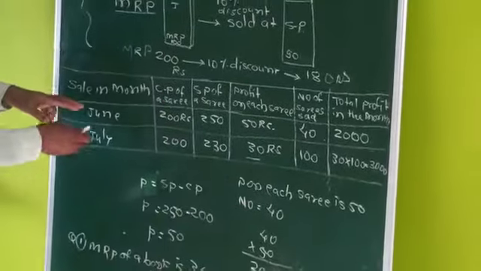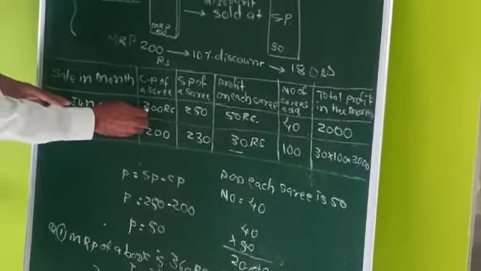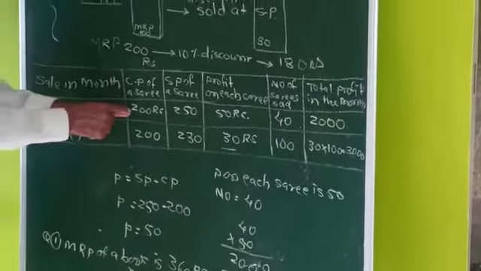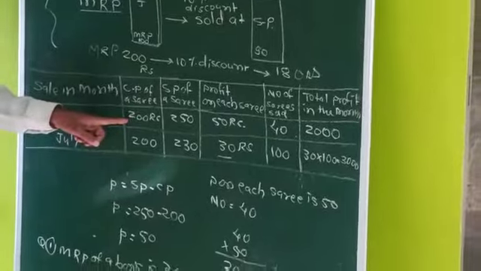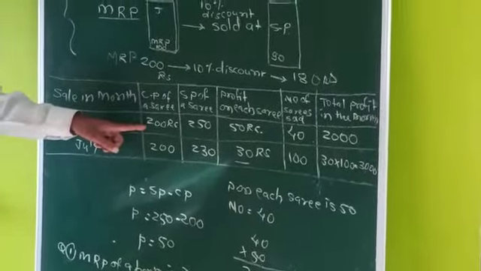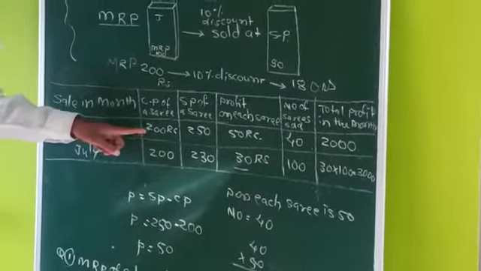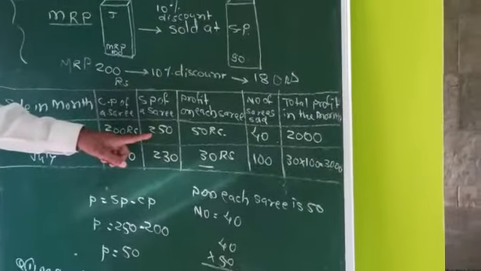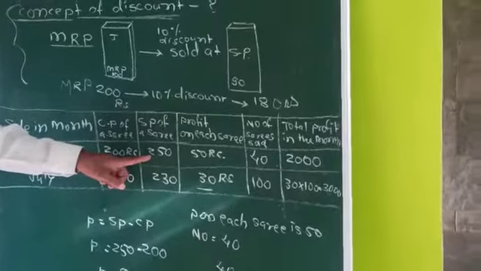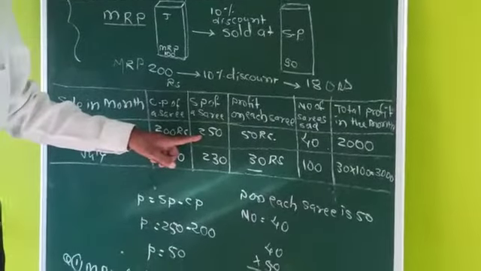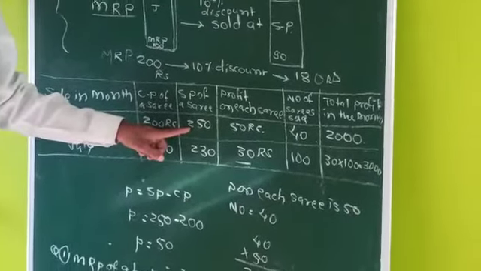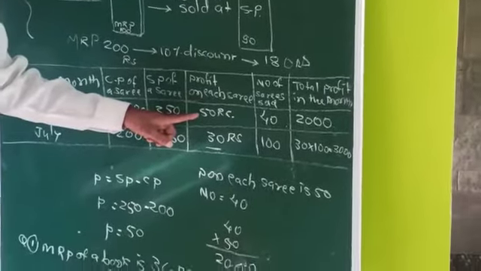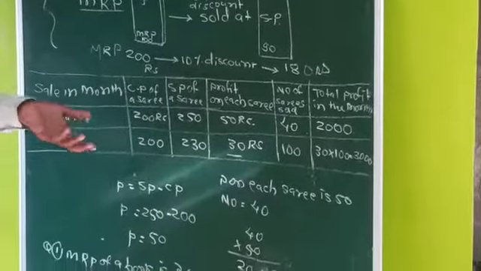So how is it to be done? Cost price of one saree is 200 rupees. But the shopkeeper sold it at what cost? 250 rupees. Okay, good. And the profit, you directly told the profit.